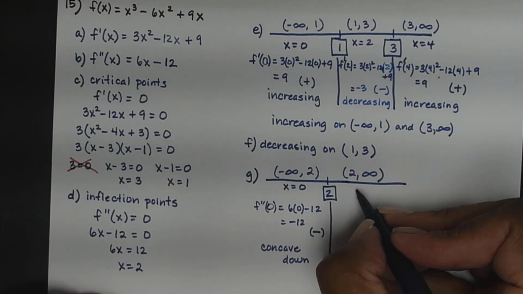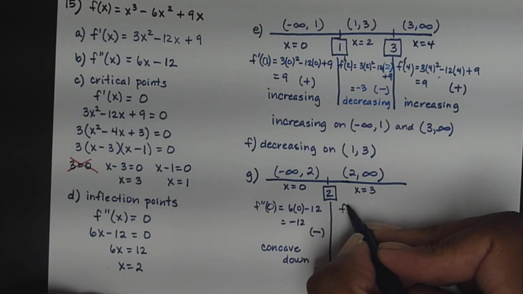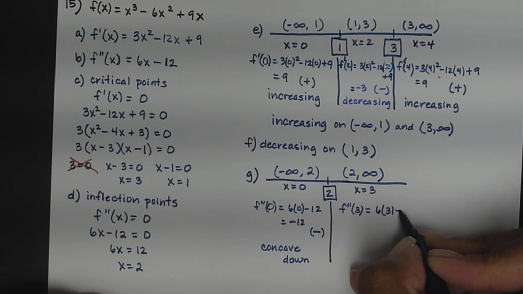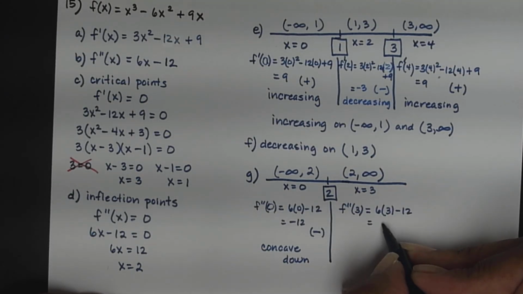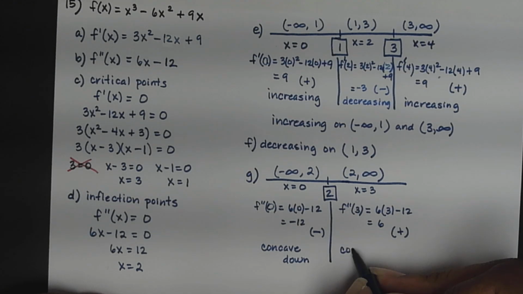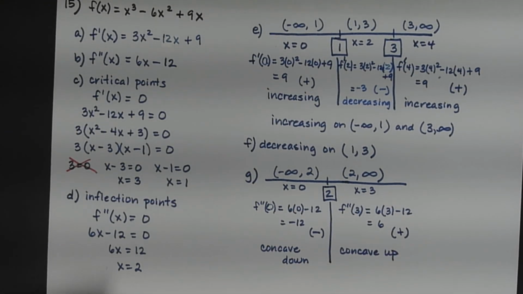And then from 2 to infinity, I'll use x equals 3. And then f double prime of 3 would be 6 times 3 minus 12. Well, that's 18 minus 12, that's 6, which is positive. So that means from 2 to infinity, the graph of the function would be concave up.